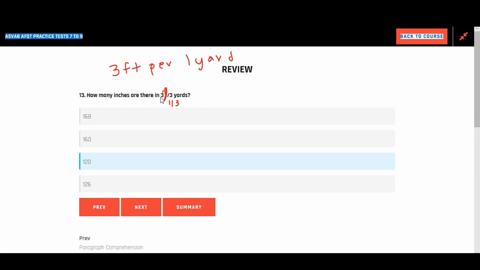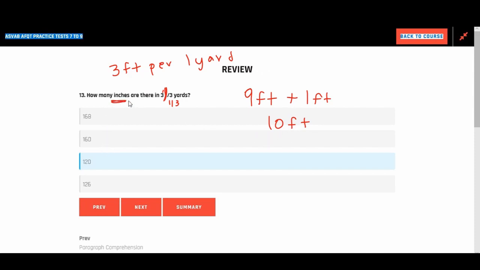I know in 3 yards, there's going to be 3 times 3 are 9 feet. And 1/3 yard is going to be the equivalent of 1 foot, so that's going to be plus 1 foot. So in total, there's going to be 10 feet. So 3 1/3 yards is equivalent to 10 feet.